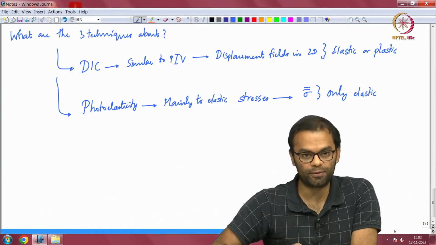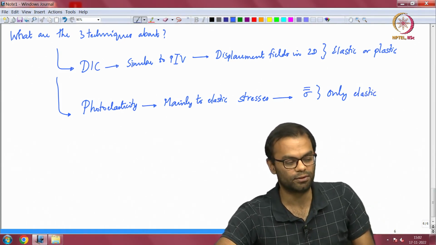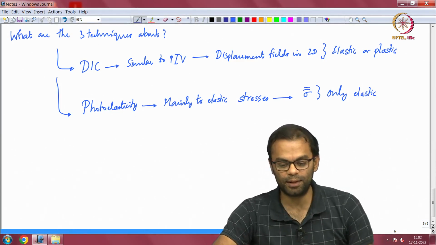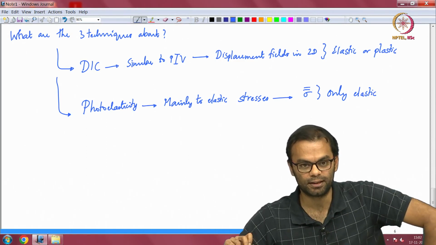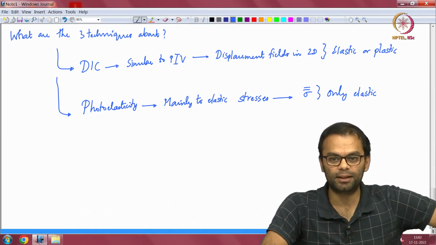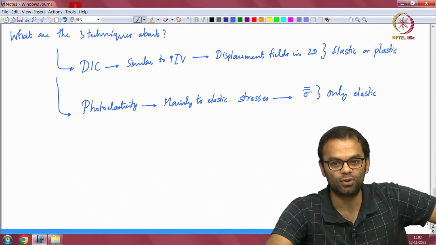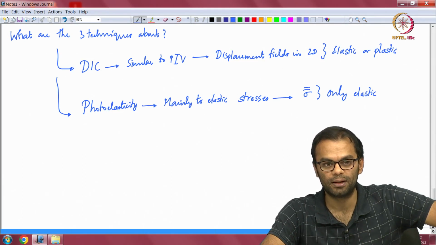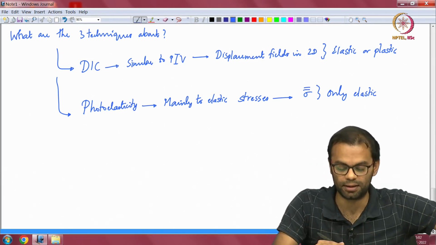There are ways to adapt photoelasticity to inelastic deformations, but we will not discuss them here, and many of them actually constitute active research topics. This is a very old technique, it has been around for a very long time, and it is much more useful than you think, and so we will look at how it is done, what the implementations are, what the calculations are, and so on.